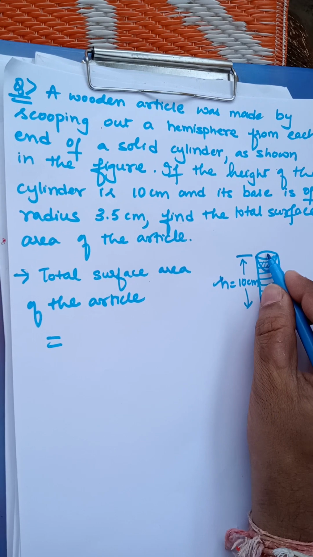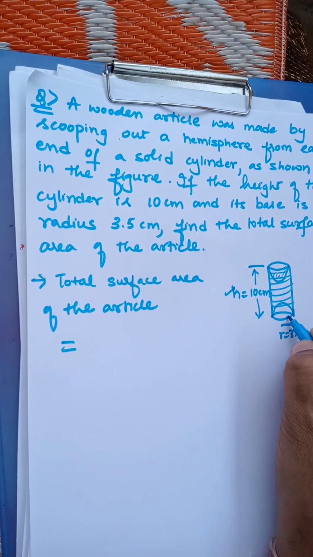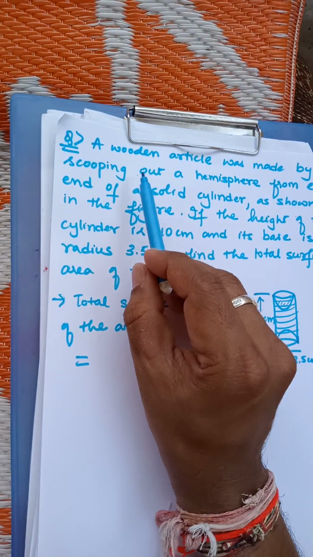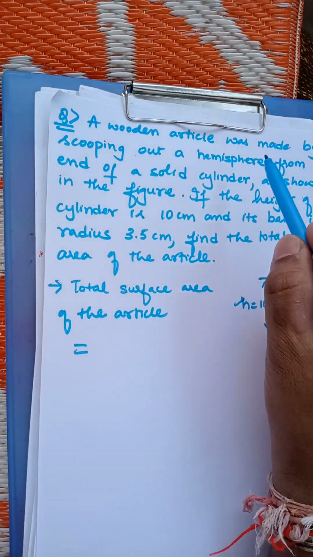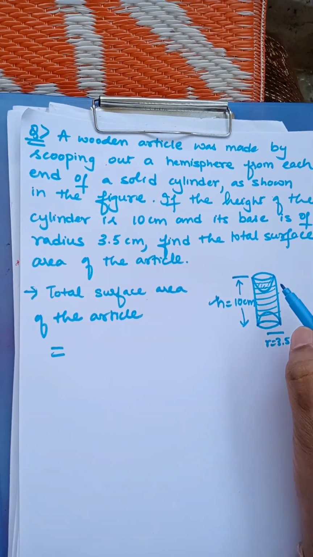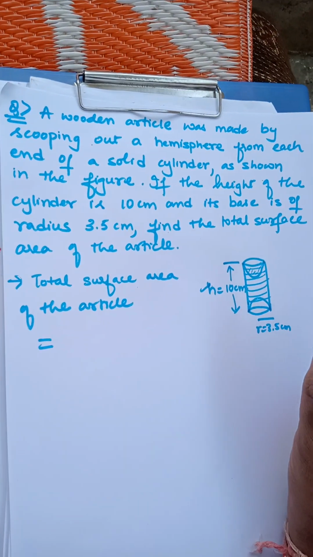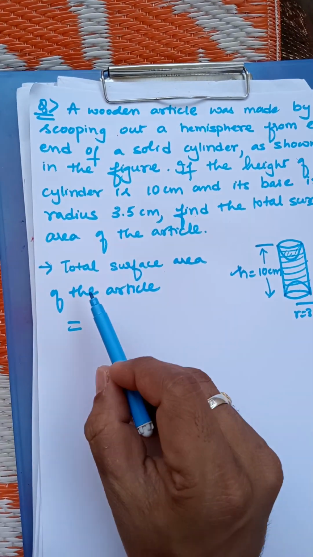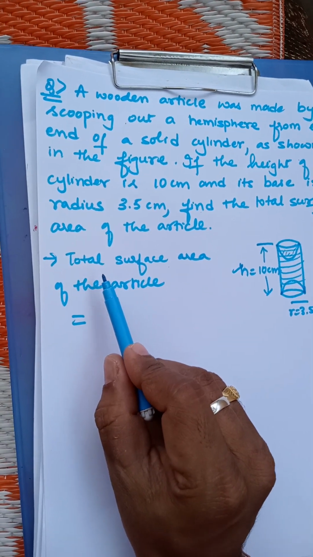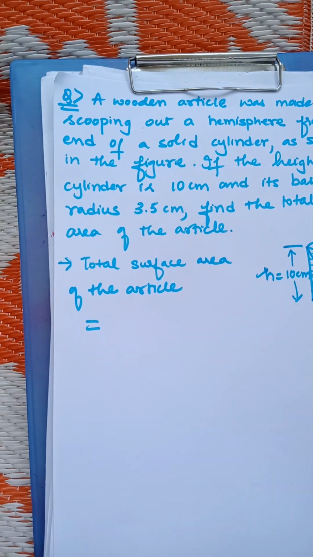Remember, here this part is removed and even this part is removed, because they say this wooden article is formed by scooping out a hemisphere from both the ends of the cylinder. So that's why we need to take into account the CSA of the hemisphere, not the TSA of the hemisphere. And don't be under the impression that the total surface area of the article is equal to TSA of the cylinder plus TSA of the hemisphere.